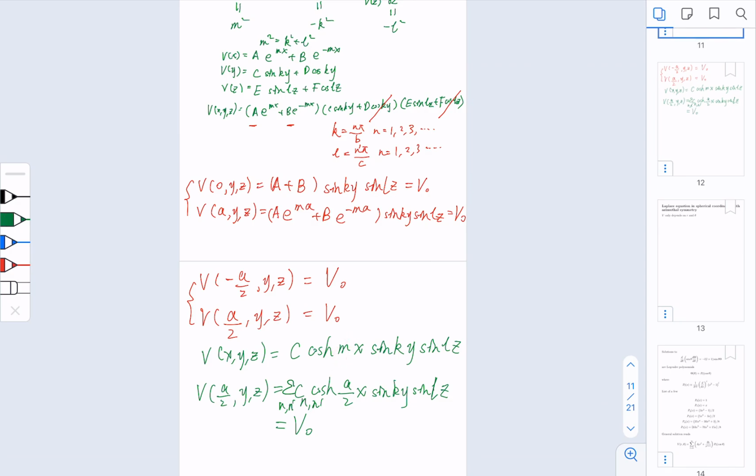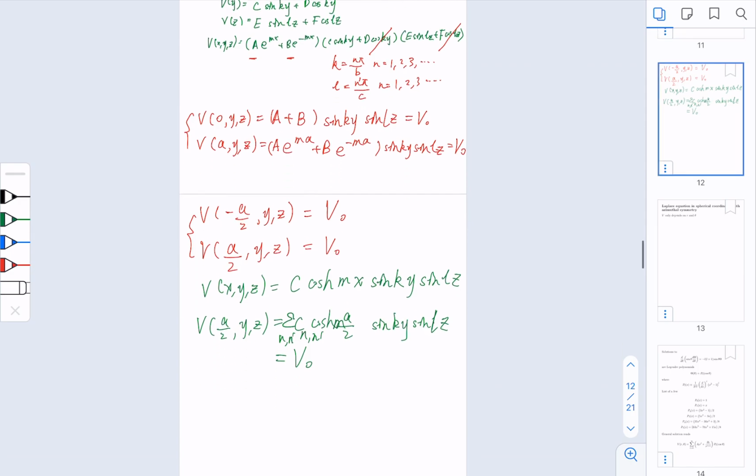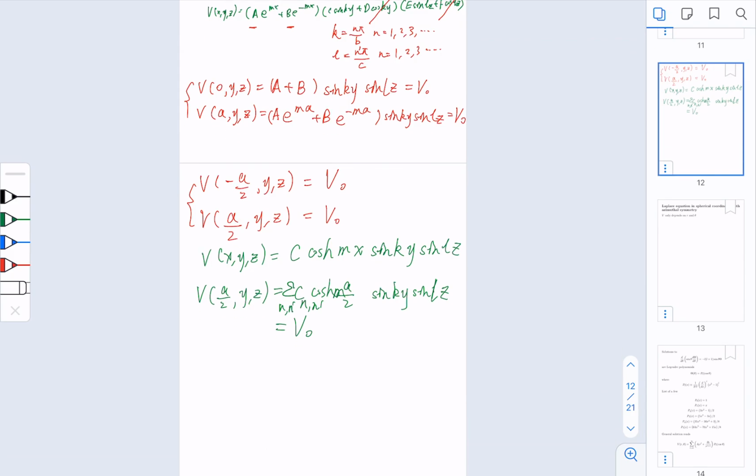Sorry, I missed the m here. It should be m times a over 2. And then to determine this C n n prime, we use the same old technique of determining the 1D sine series.